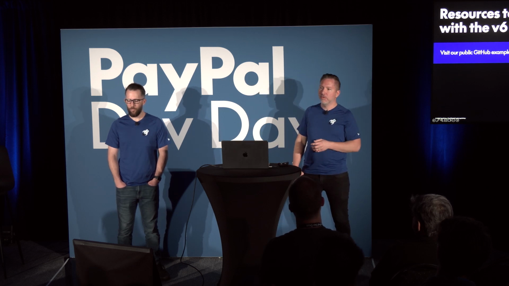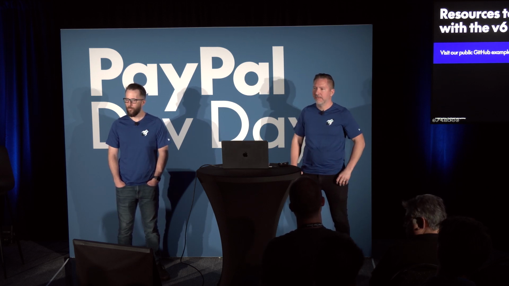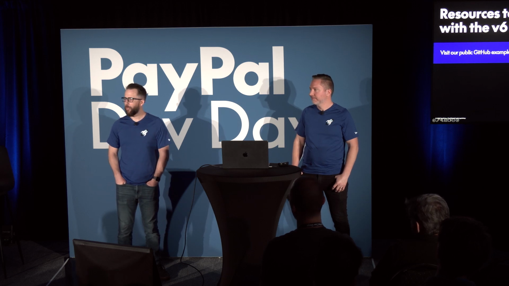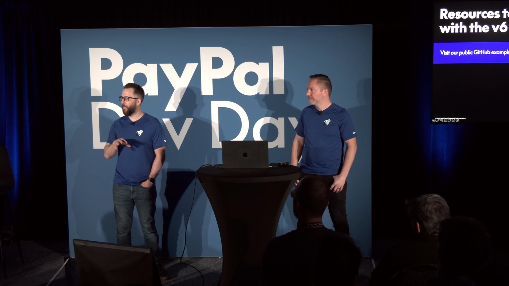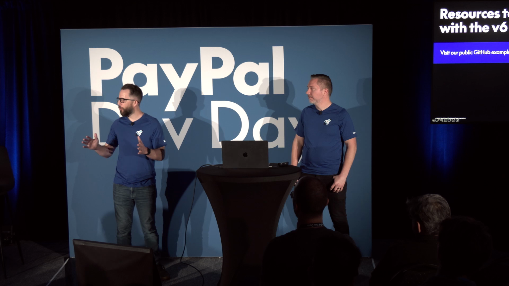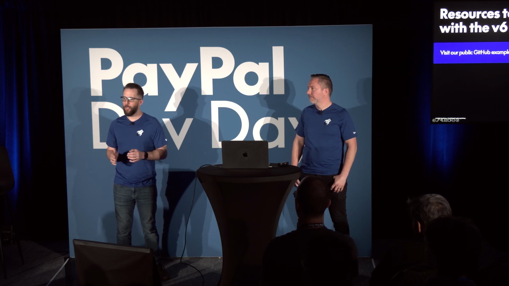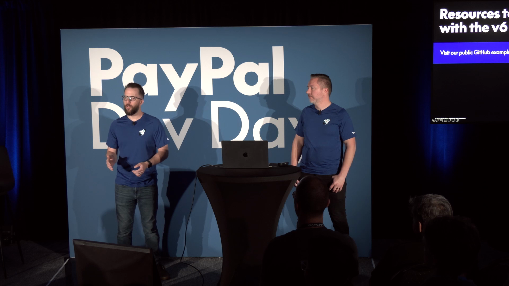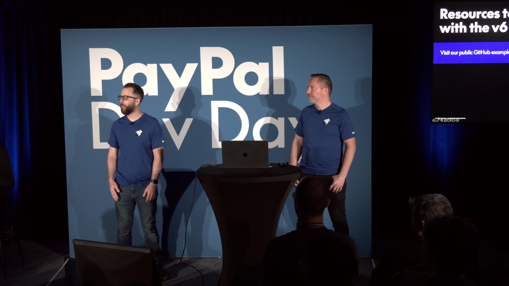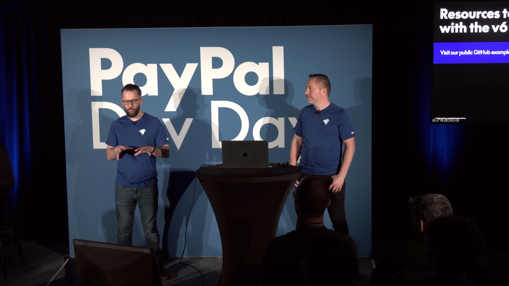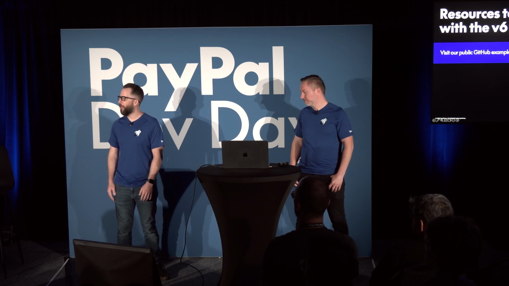So the nice thing is you can reuse that with the V6 SDK. We have put a lot of effort into our examples repo, where it has the full end-to-end integration. But if there's anybody here that would like a link to our limited release guide, please come find me. I will make sure to get you that link. But the best resource right now is definitely our examples repo.